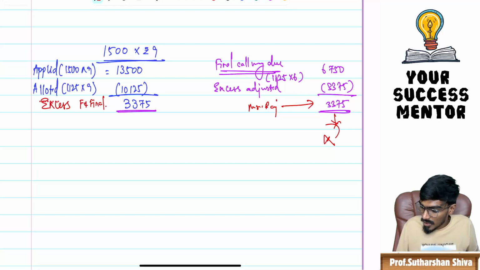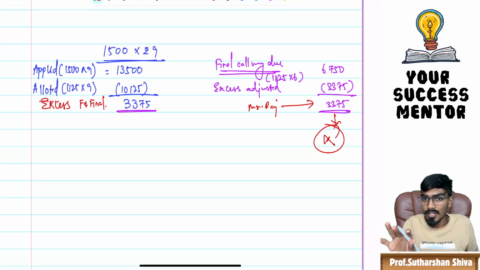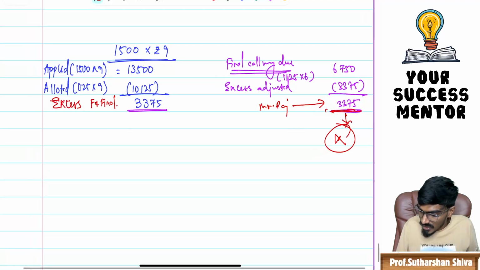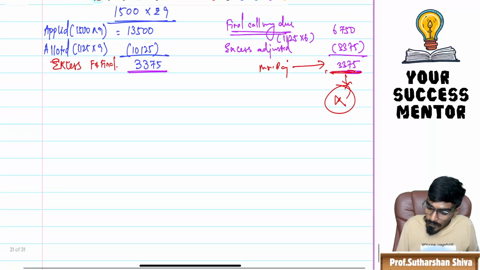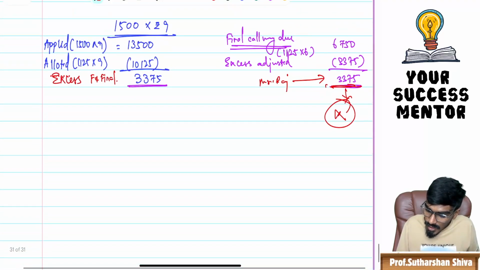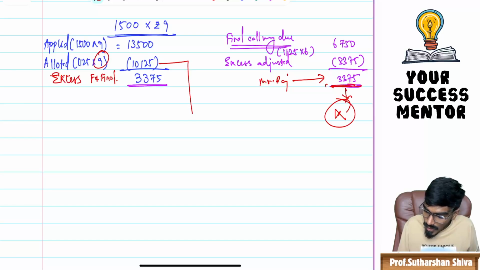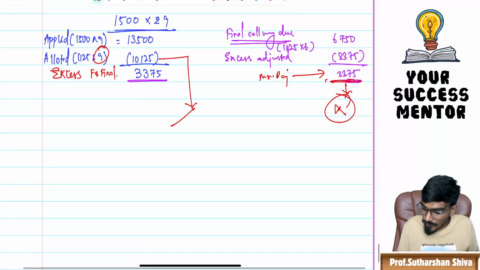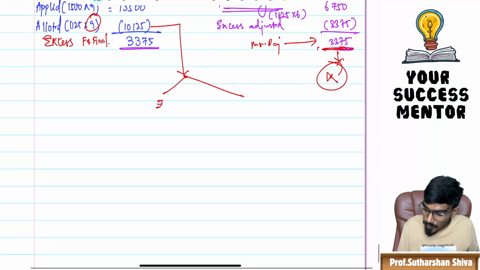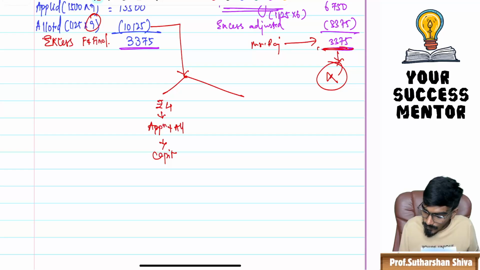Hold on, I'll clear your doubt. 3375 is only his liability. If he is only liable for 3375, then out of this 9 rupees of 10125, if I bifurcate it, 4 rupees will go for actual application and allotment, which will go to the capital account.